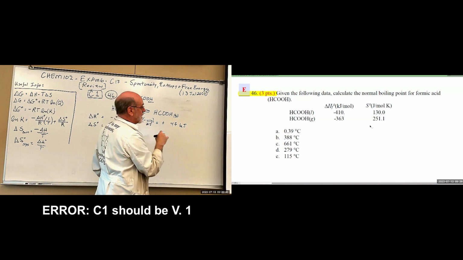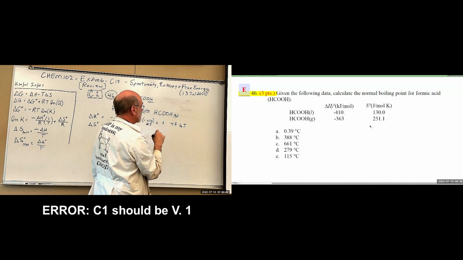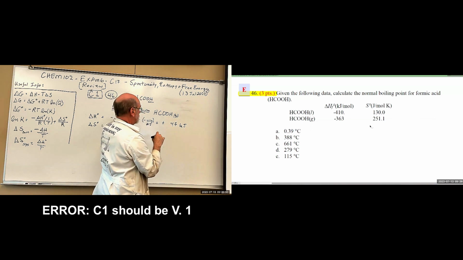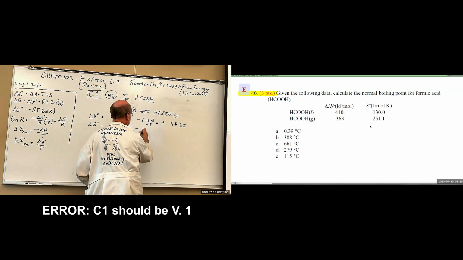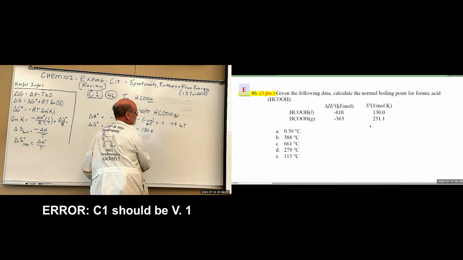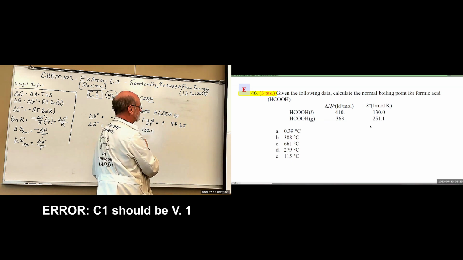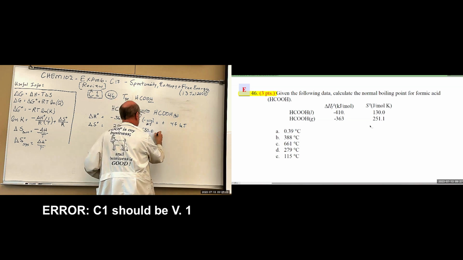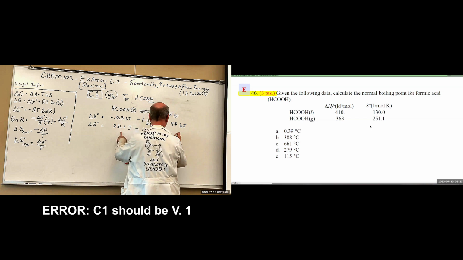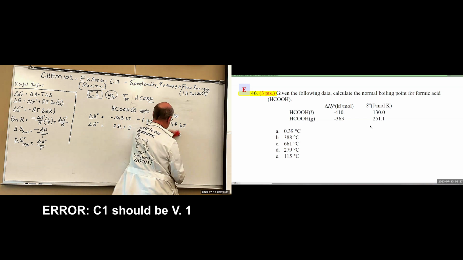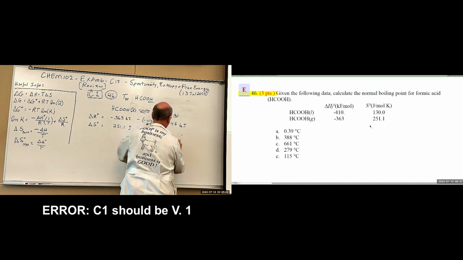Minus for the liquid, minus 1/3, right? 51 minus 130 joules. So this would be, let's see, 0.1.